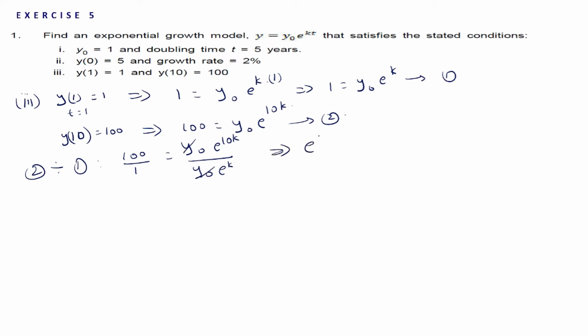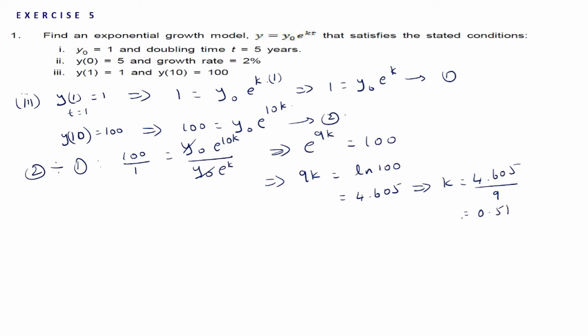So from this we get e raised to 9k equal to 100, or if we take log, we get 9k equal to ln 100. The value of ln 100 is 4.605. So we have k is equal to 4.605 upon 9, which is approximately equal to 0.51.